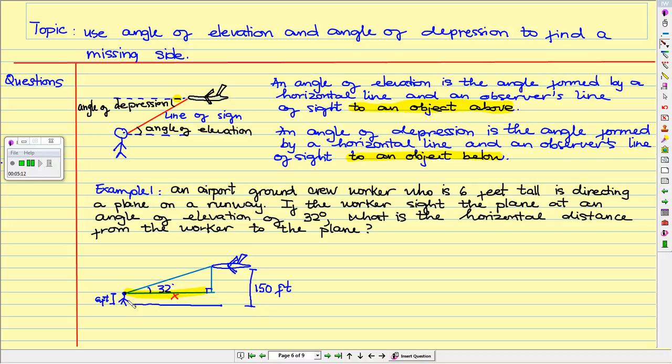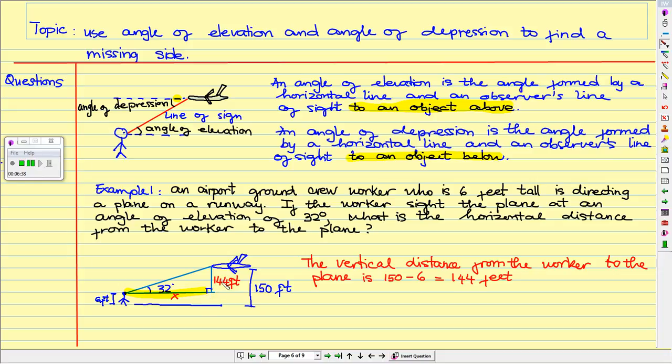Since the worker is 6 feet tall, the vertical distance from the worker to the plane is 150 minus 6, so 144 feet. Now we know this distance is 144 feet.